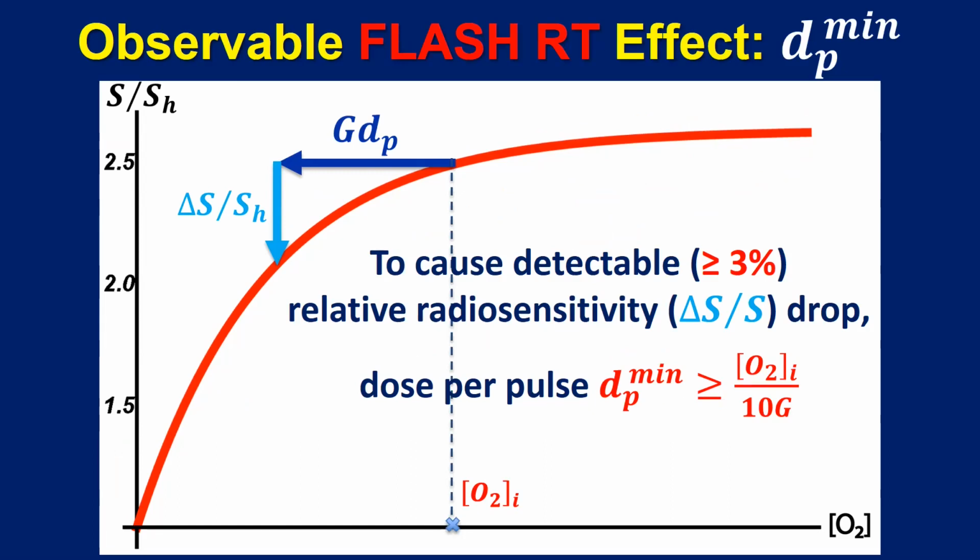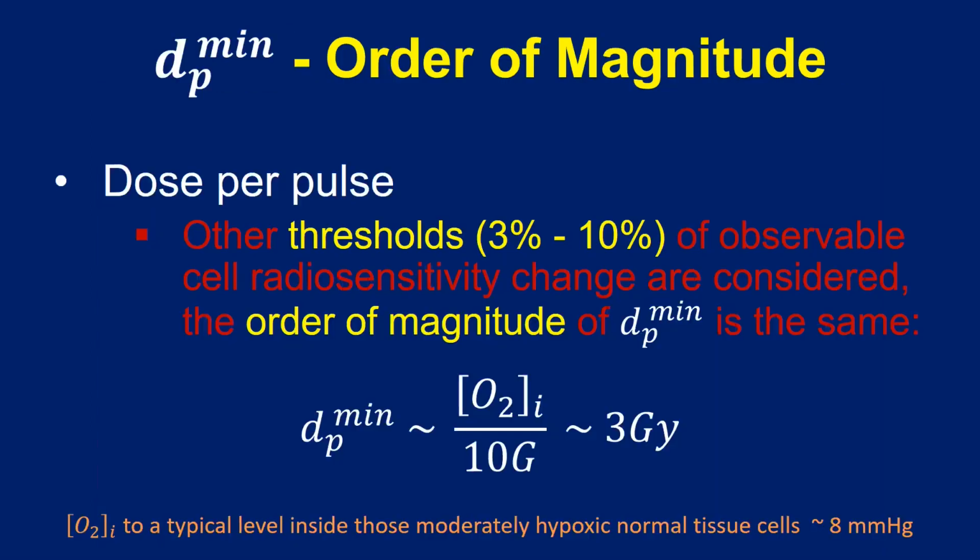The minimum is realized at the point in the steep sloped region. We tried other thresholds from 3% to 10% and found similar results. dP minimum is on the order of 3 gray.